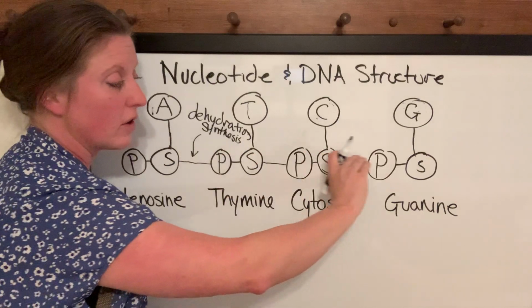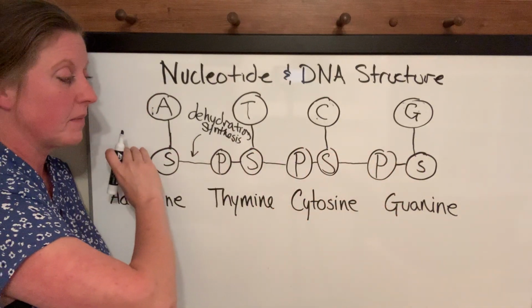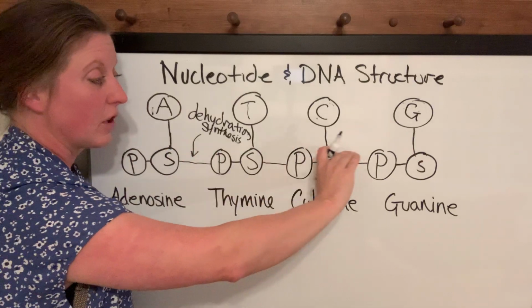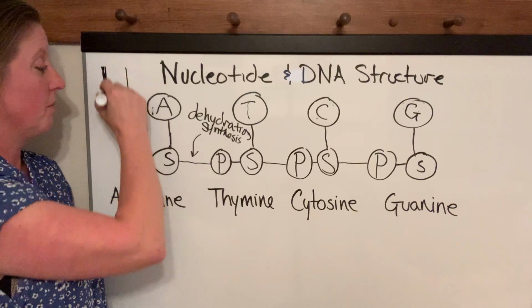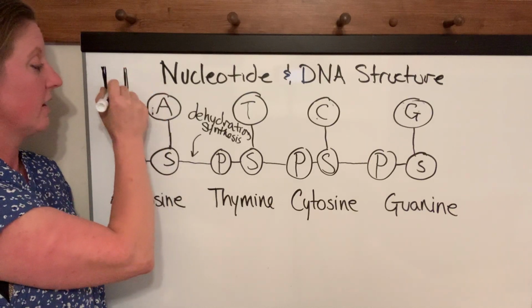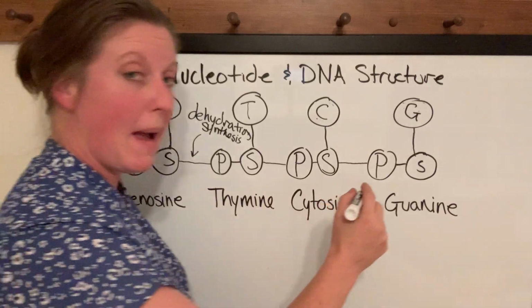This long straight structure, the part that looks like the back of a comb, or in a ladder, the vertical pieces of the ladder, is called the phosphate sugar backbone.